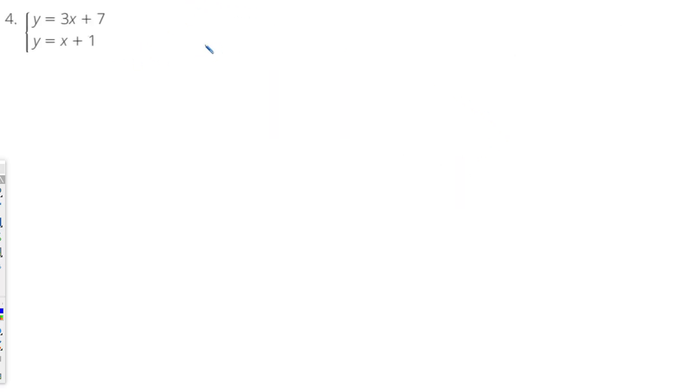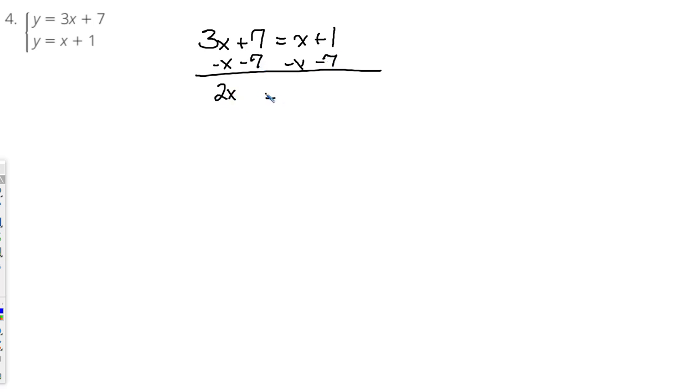Now the last one of this set is, we're going to set these equal to each other again. Subtract the x. And then subtract the 7 to get to the other side. And we have 2x is equal to negative 6. Divide everything by 2. X is equal to negative 3.